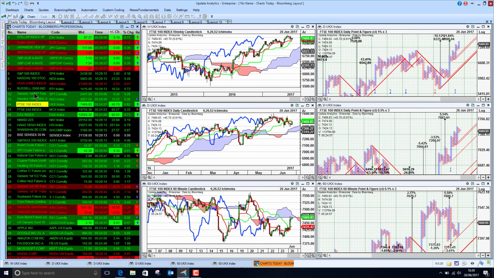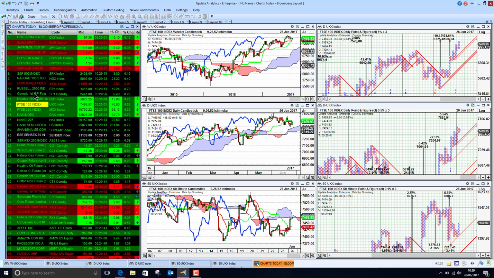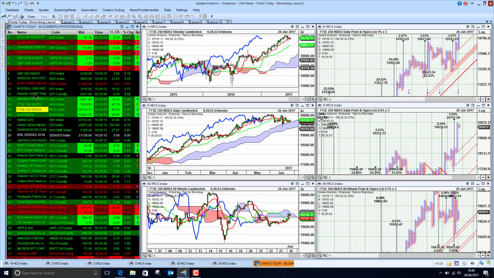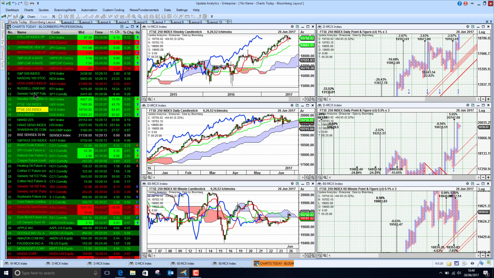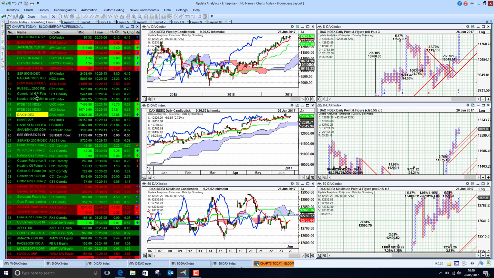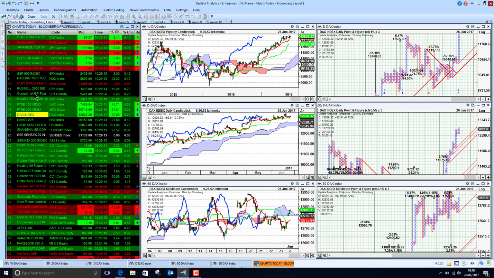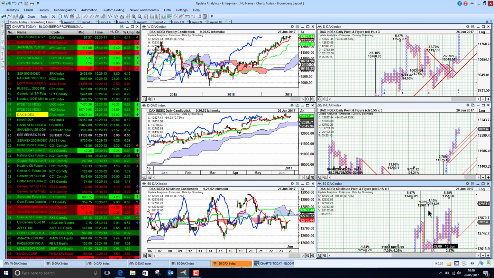The FTSE 100 is up this morning by nearly 2/3%, so we are seeing some recovery there, and the FTSE 250 as well, though not looking as bullish as the US indices. The DAX is recovering as well, back above the cloud, with multiple upside targets on this shorter term chart.